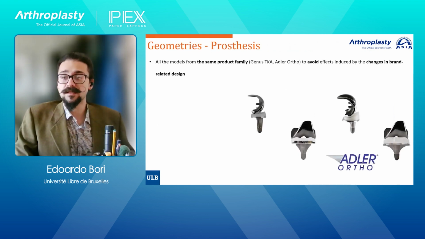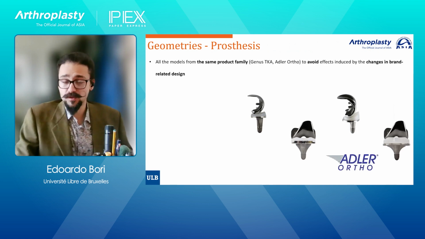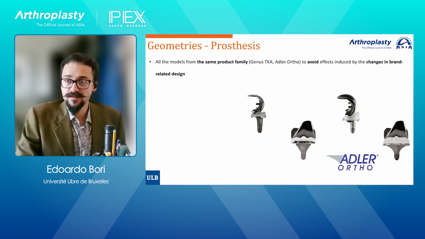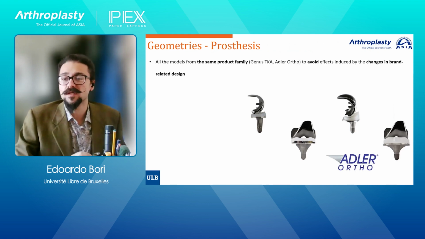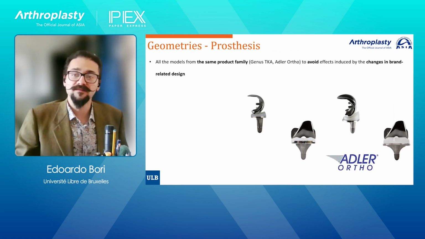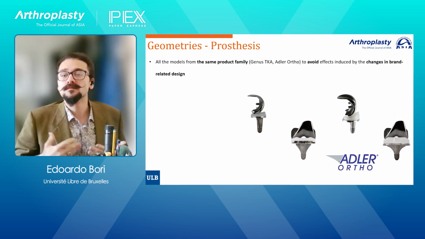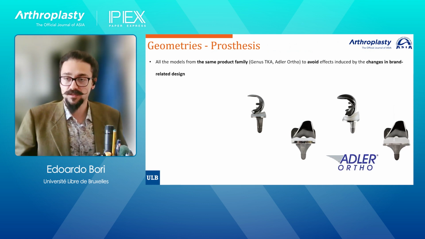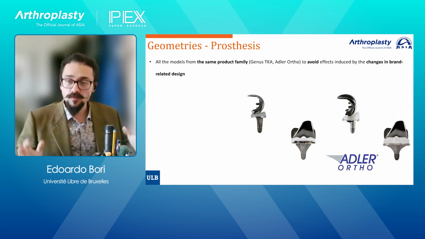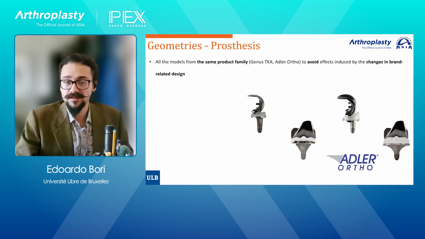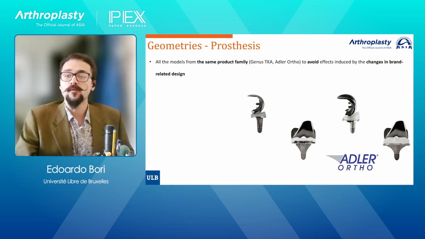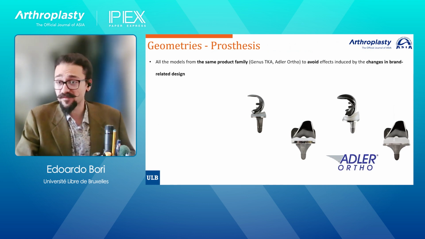But as you can imagine, we have a wide plethora of prostheses available on the market, and we just want to check the differences due to the level of constraint, not to brand-related design changes. Therefore, in order to perform this comparison maintaining the most possible accuracy of results, we decided to proceed with all the products from the same family.